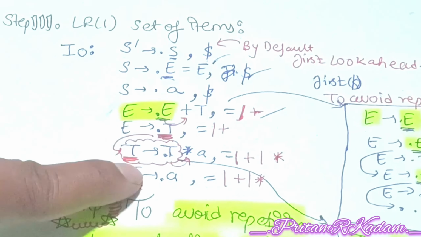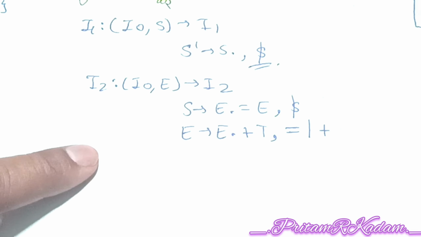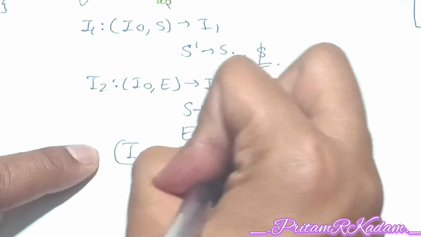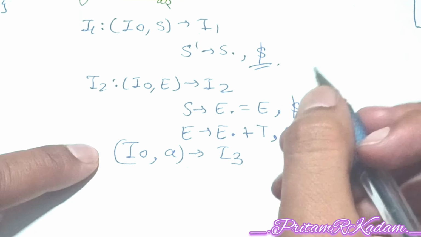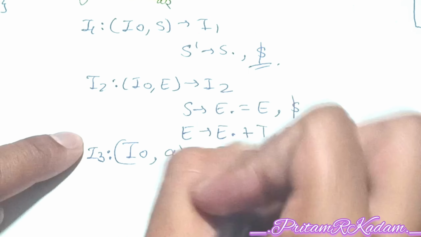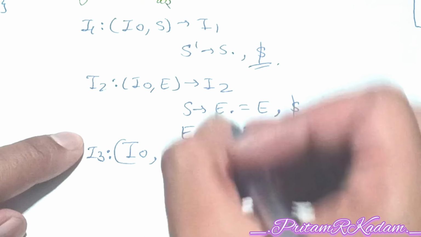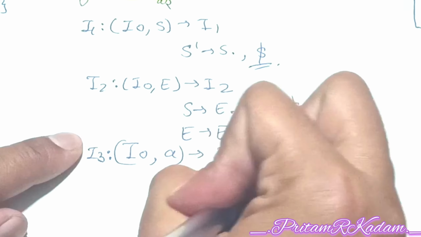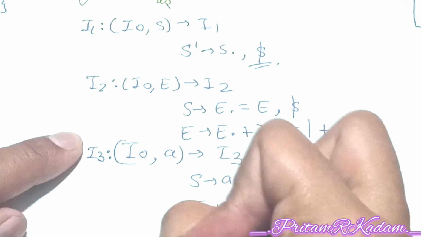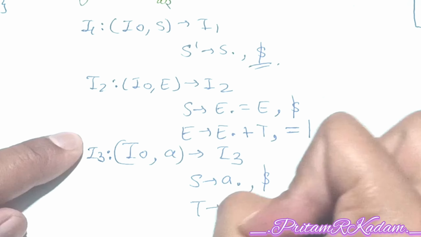Now we have to solve for the small a part. There are two productions with the small a. So we will have I3, which will be I0 on small a goes to I3. Okay, so let me just write I3 over here. Now we have the productions: S gives a dot and T gives a dot, and we will write the look ahead too.